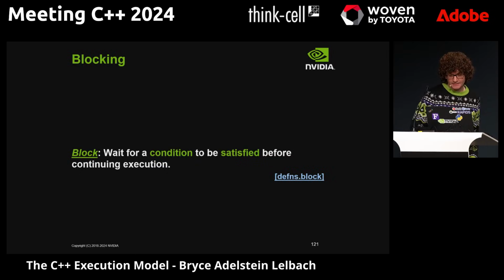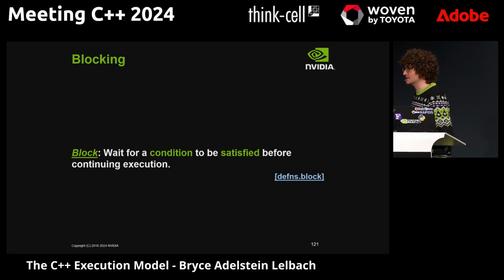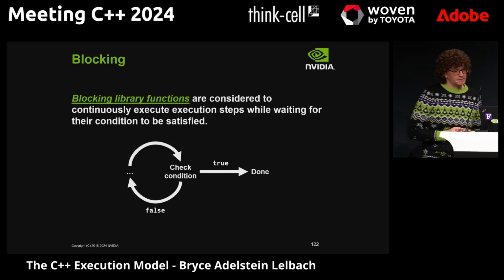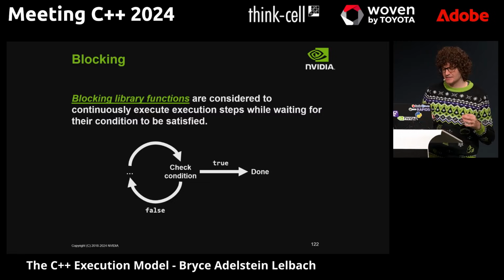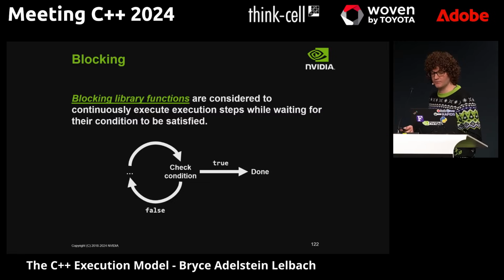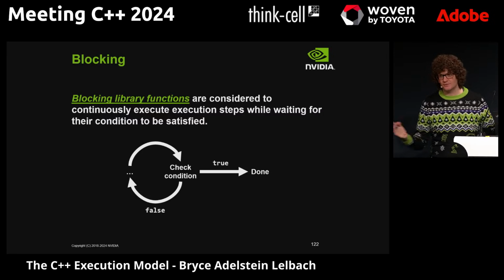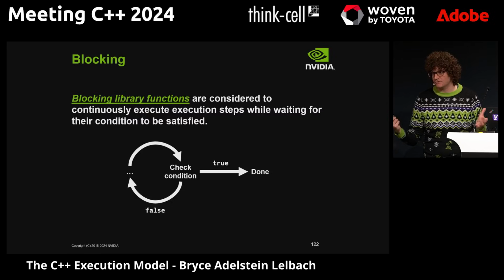Now, blocking is waiting for a condition to be satisfied before continuing execution. So, blocking library functions are considered to continuously execute execution steps while waiting for their condition to be satisfied. Remember what execution steps do: either you read a volatile, you do some atomic, or you do a synchronization function.